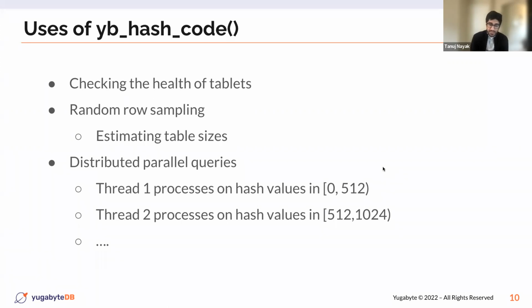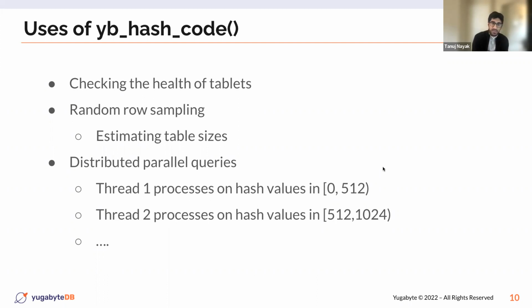Since you can launch multiple threads that operate on distinct, non-overlapping hash segments of your table, you can do a lot of Spark-style parallel jobs on your tables because of this.